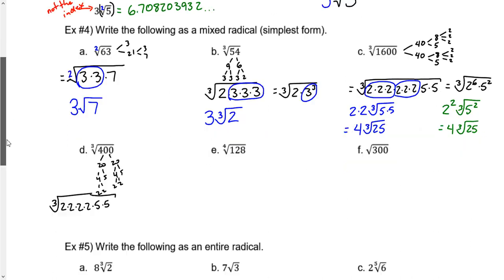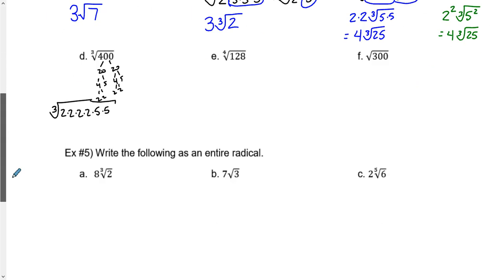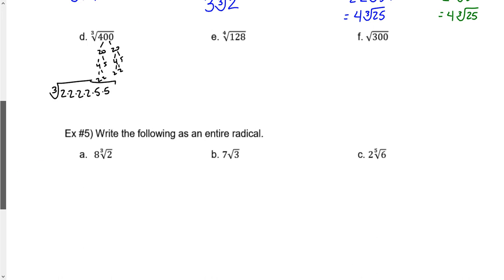Now, because we're looking for a group of 3 identical objects, we have those 3, which means that we only have one group of 2s that can come out. We have a singular 2 left and 2 5s.